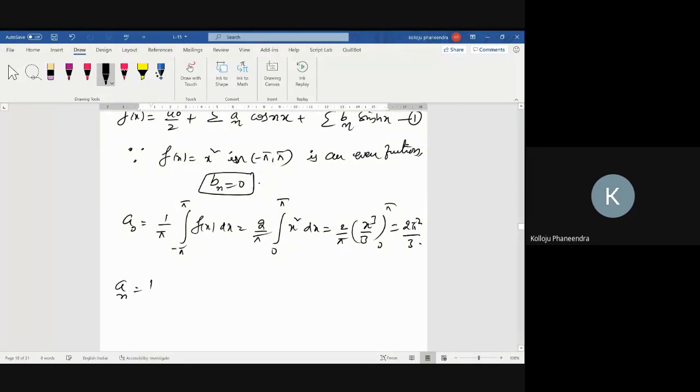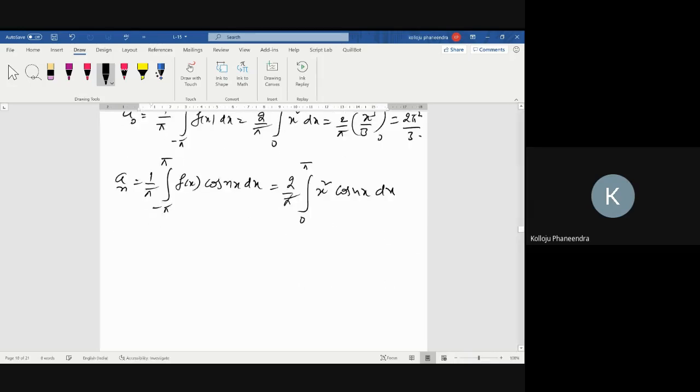Coming to an, 1 by pi integral minus pi to pi f of x into cos nx dx. This is 2 by pi integral 0 to pi x square into cos nx dx.